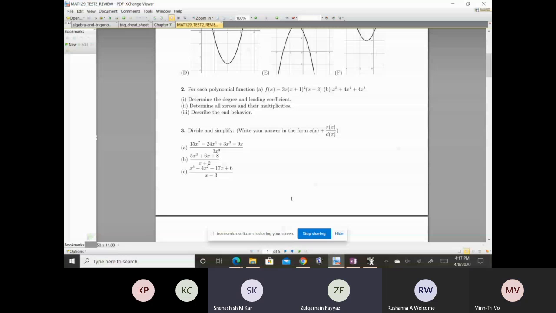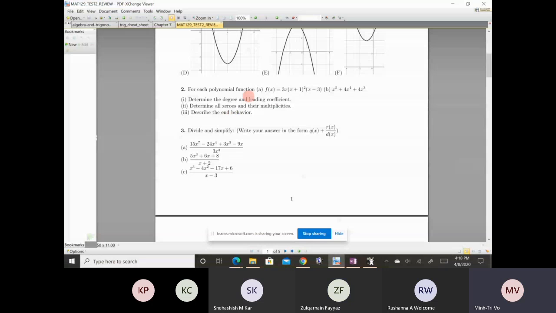So in question number 2, the degree would be 2 and the leading coefficient would be -1? No. Well, which one? There are two functions, a and b. A. Okay, so for 2a, it's better to do part 2 first.